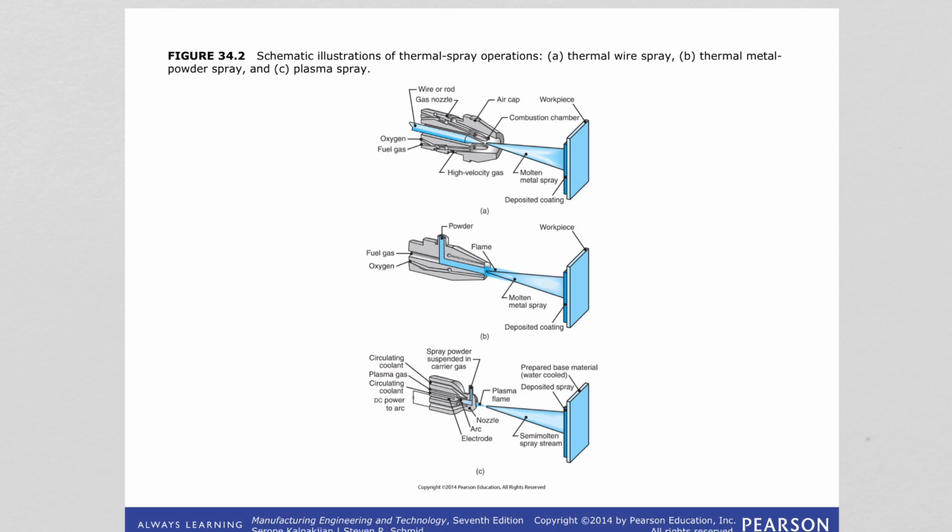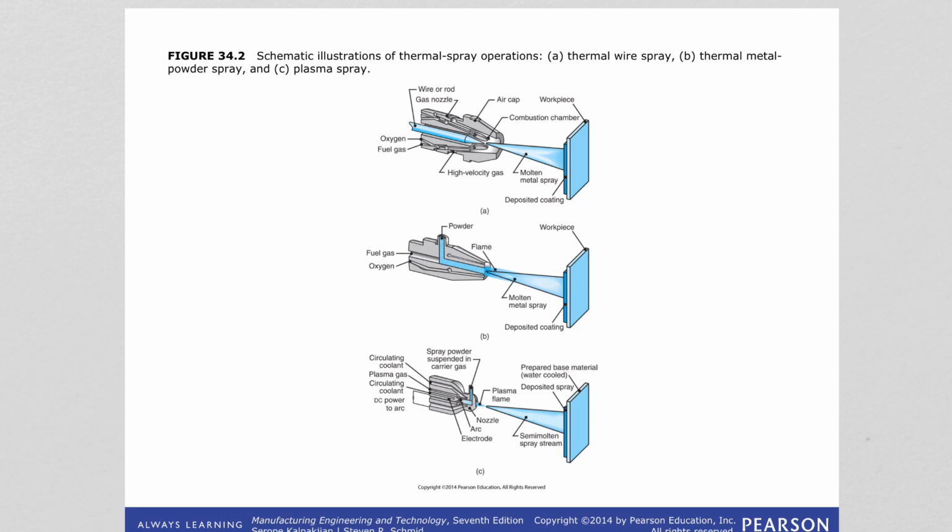The first one is thermal wire spray. In here the oxy-fuel flame melts the wire and deposits it on the surface. You see the workpiece and you see the fuel gas and oxygen coming in together with the wire or rod of the metal that you want to do the coating of, and then it sprays it on top of your workpiece, and then it is deposited as a coating on your workpiece.